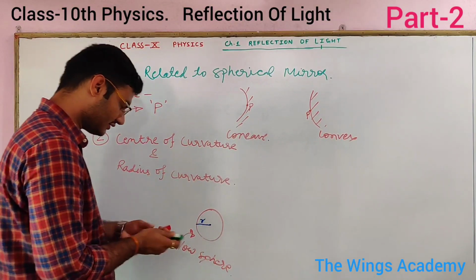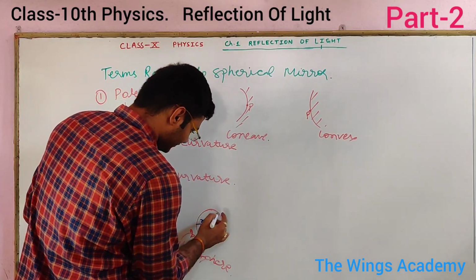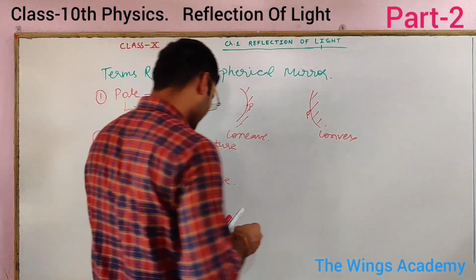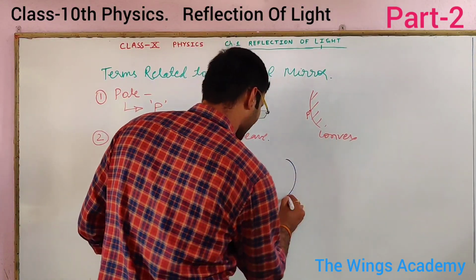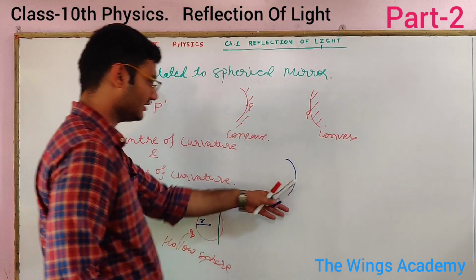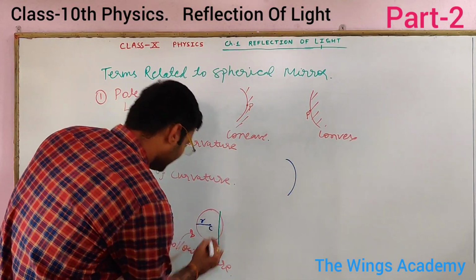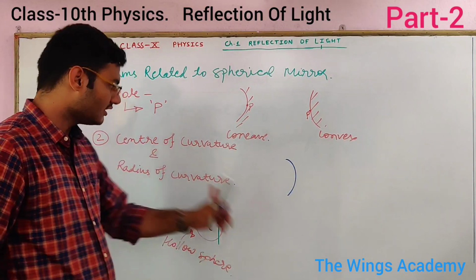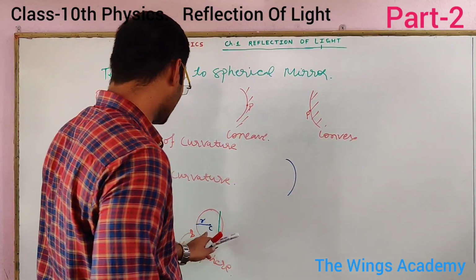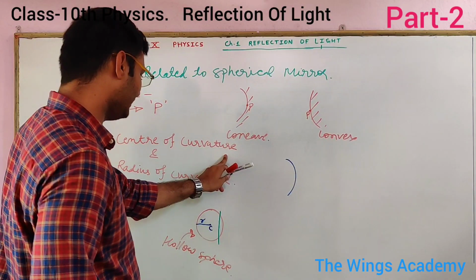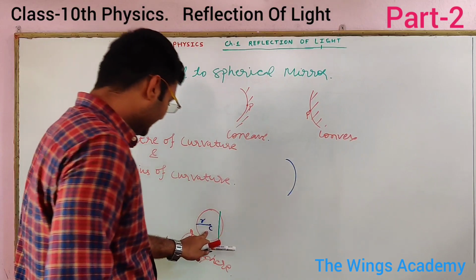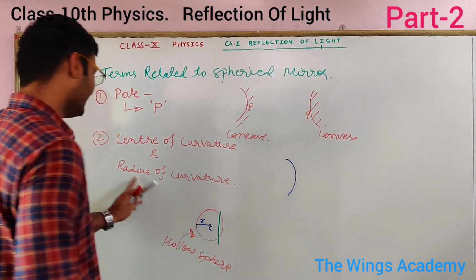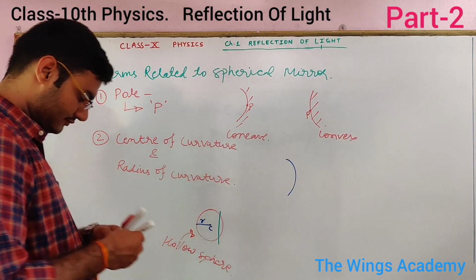Suppose that we cut a part like this from this sphere and make it a concave or convex mirror. So this is the part of this hollow sphere. The center of the hollow sphere, of which our mirror is a part, is called the center of curvature, and the radius of the hollow sphere is called the radius of curvature.